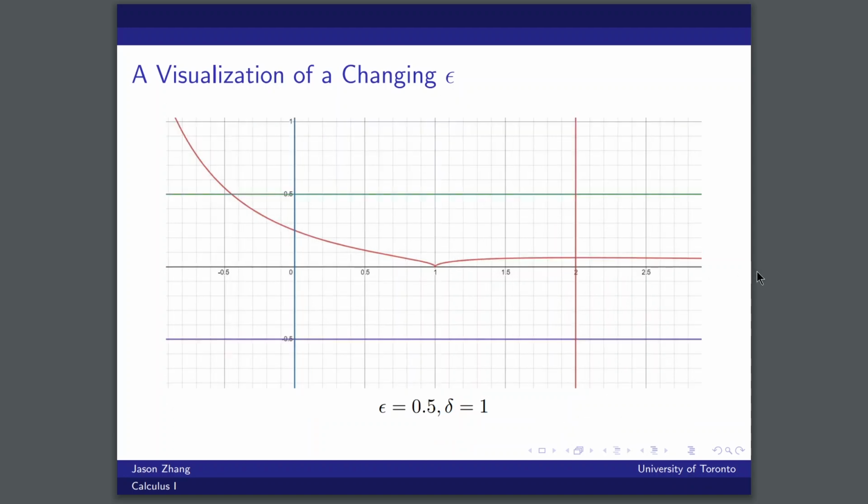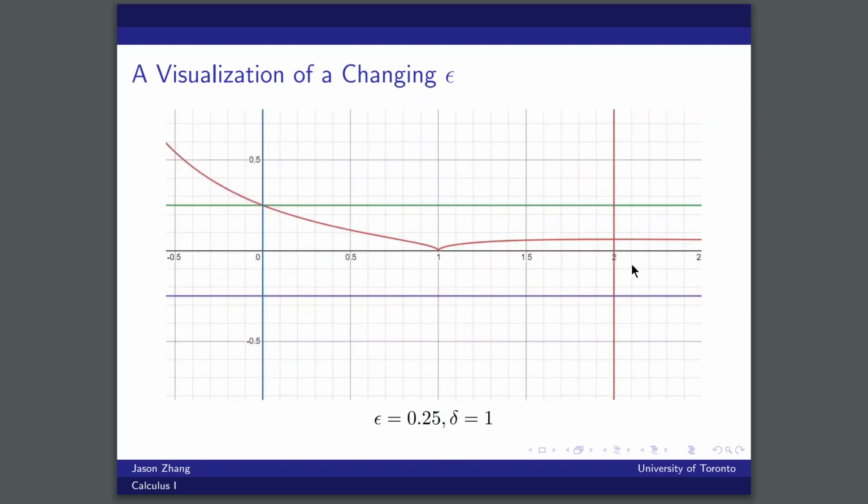So if we halve epsilon to 0.5, we notice that delta doesn't change. It doesn't have to because 16 epsilon squared is still greater than 1. And as you can see, this satisfies our hypothesis because our function is still within the box. It doesn't cross the green or purple line in this interval of x's.